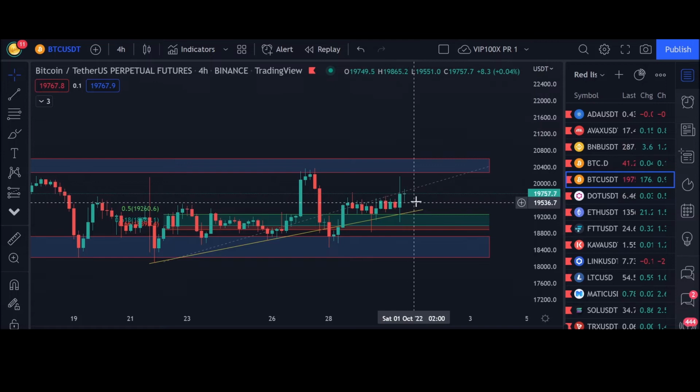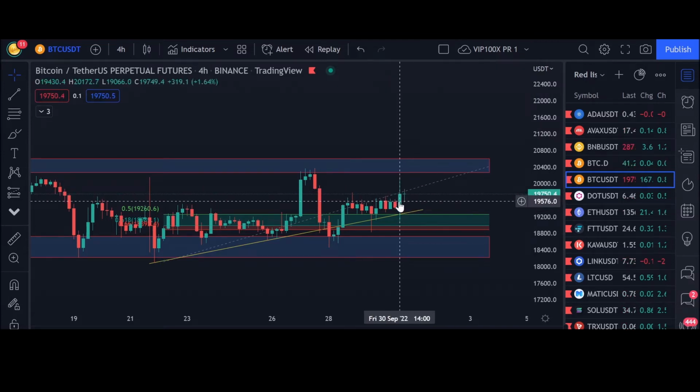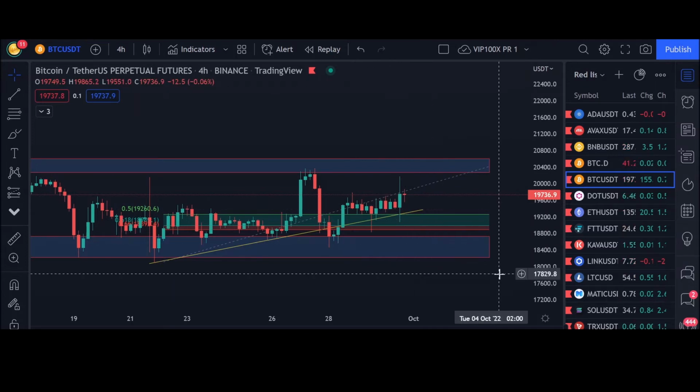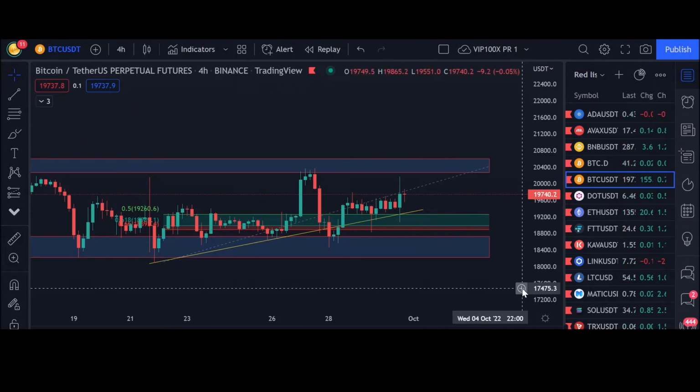Here in this candle we see there's a small rejection of this small support zone, but it's nothing really important.